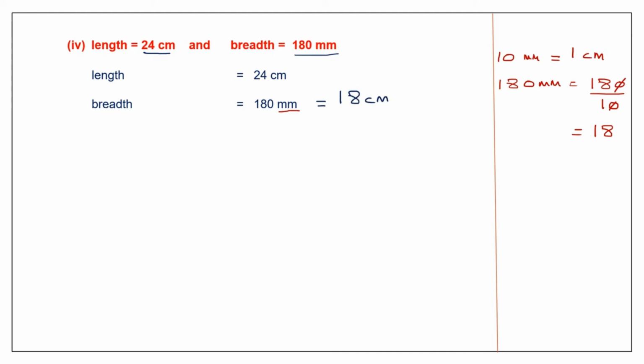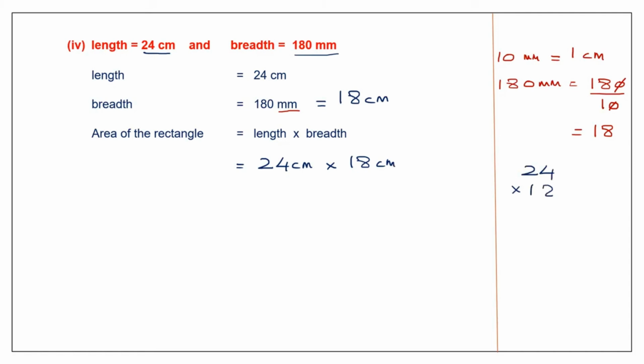So now both the units are the same. Let's find the area. Area of the rectangle is length into breadth, and length is 24 centimeters. Breadth is 18 centimeters. So let's multiply 24 and 18. 8 fours are 32, carry 3. 8 twos are 16, 17, 18, 19. Second step, 1 fours are 4, 1 twos are 2.